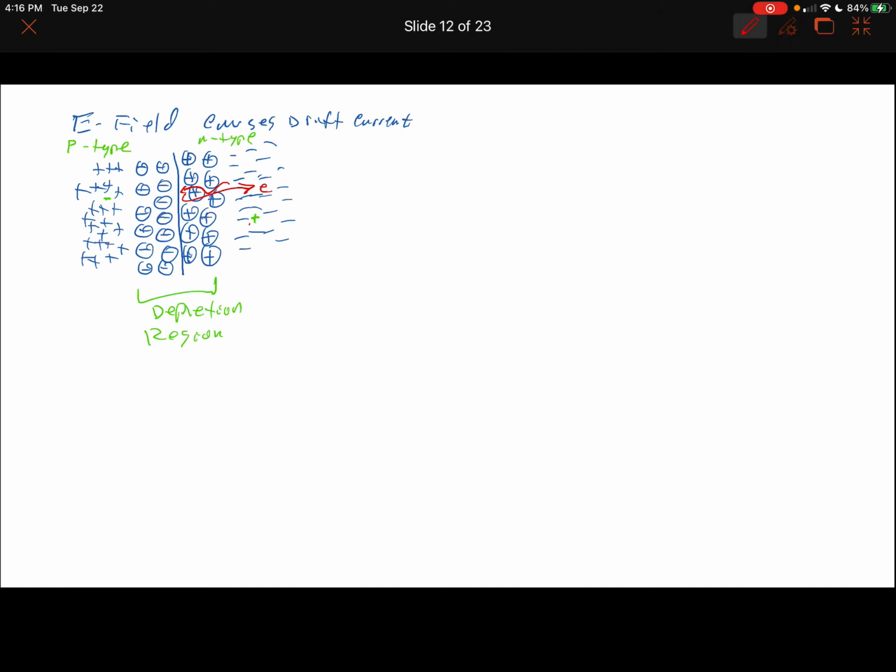But if a hole wanders in, as it gets into here, it's going to get sucked across to join up all these other holes.